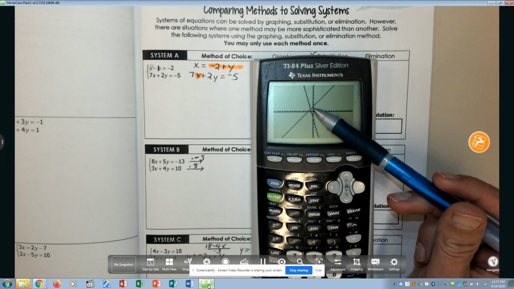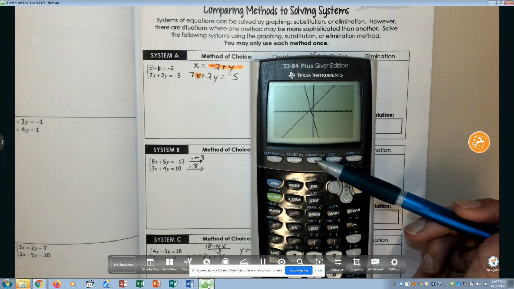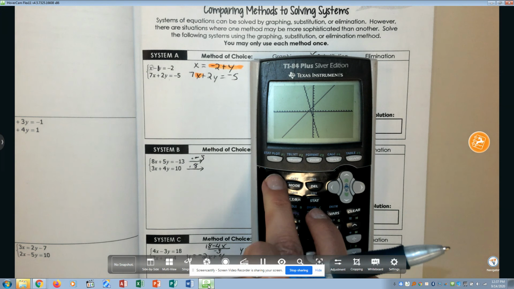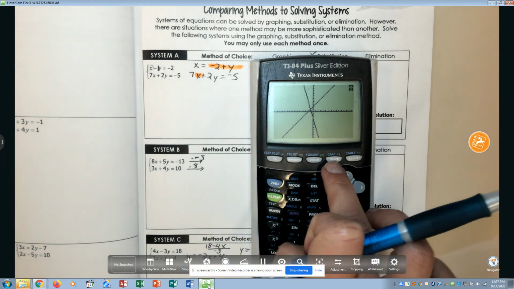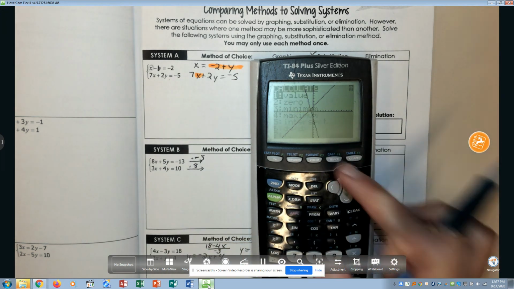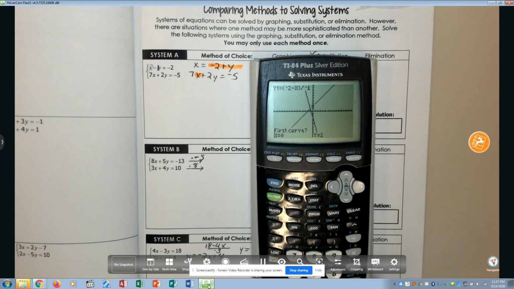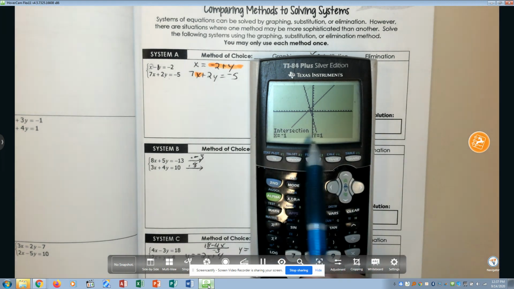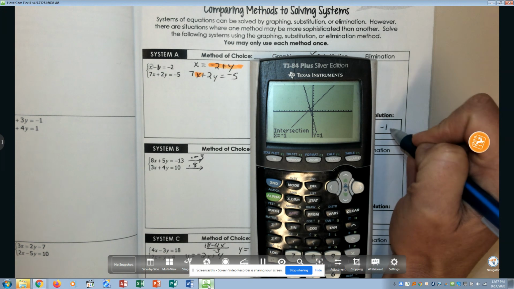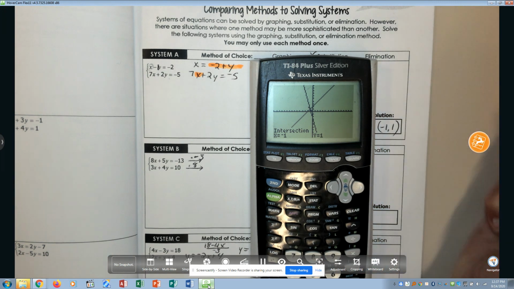If you don't see the intersection point, you hit zoom out. So second, calc. And what do I want to calc? I want to calc where it intersects. So you have to hit enter 3 times. 1, 2, 3. And there's my intersection, negative 1, 1. So your calculator will do it for you.